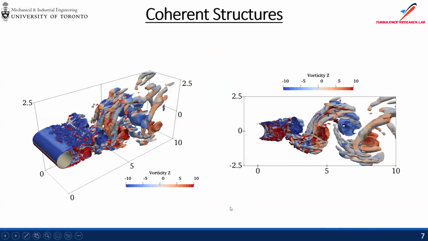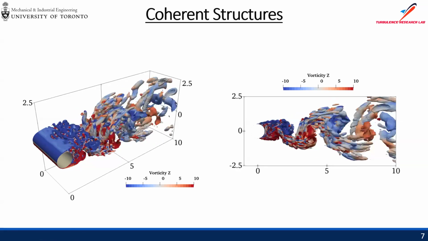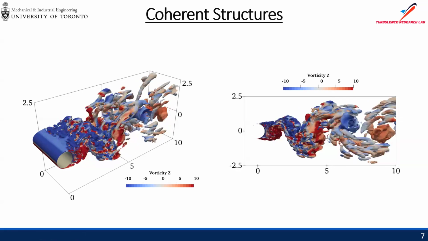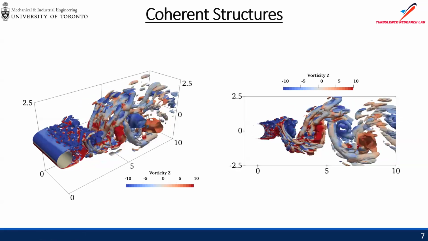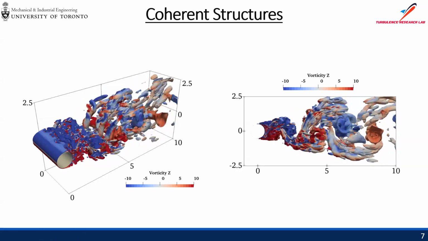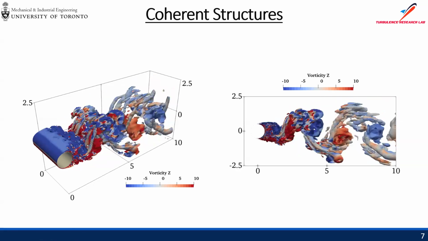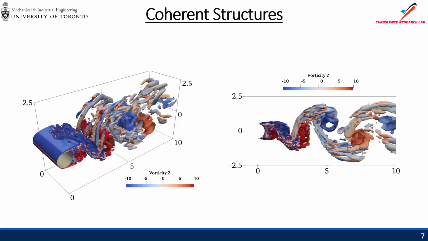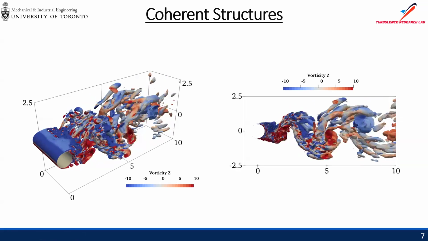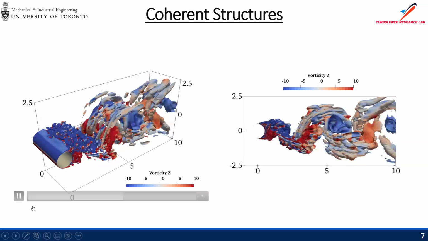So these are instantaneous Q criterion contour animations. On the left, I have an isometric view. On the right, I have a side view. Because of the low Reynolds number and also the low frequency of the flapping, 1.2 hertz, these are actually in real flow time.